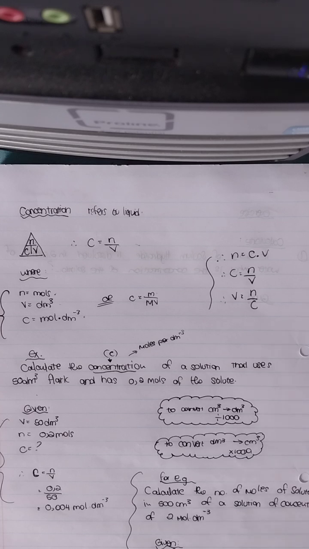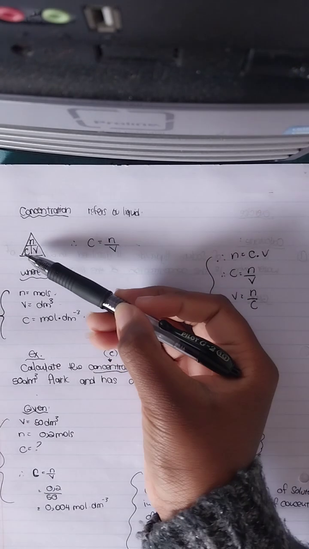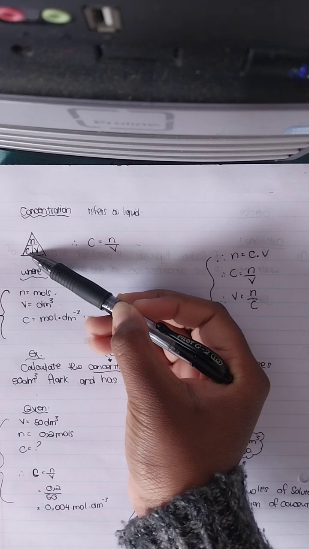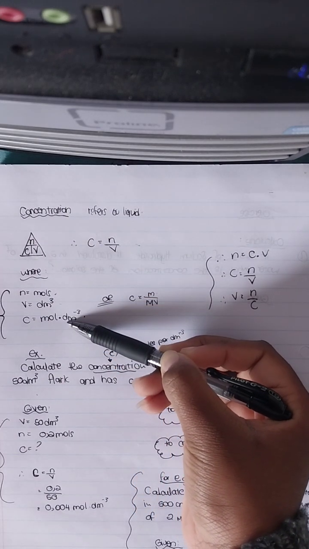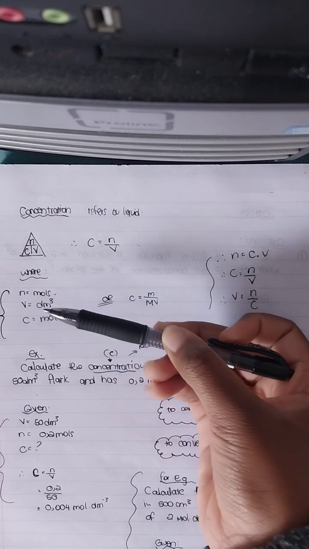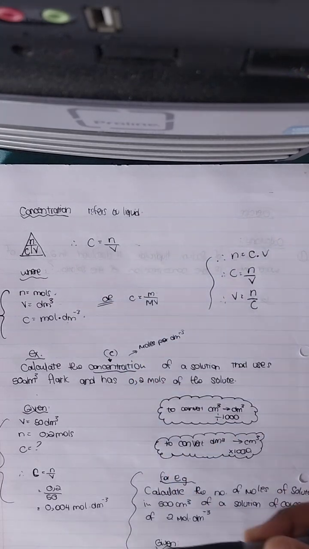So concentration is scientifically defined as the amount of substance dissolved in a given volume, known as the concentration of a solute per unit volume of a solution. C is the concentration of a solution and is given in mole per dm cubed. N is the number of moles and V is the volume in dm cubed.